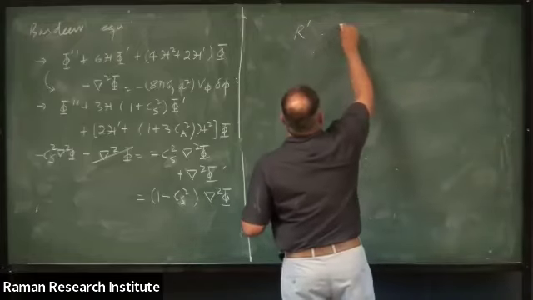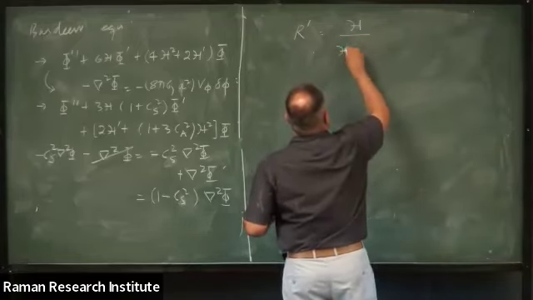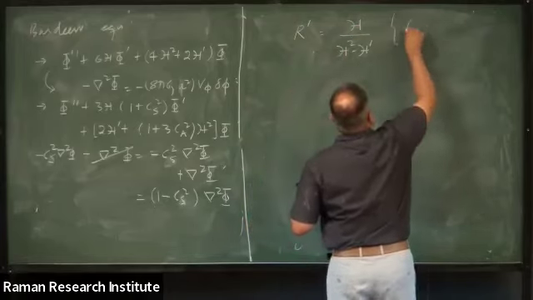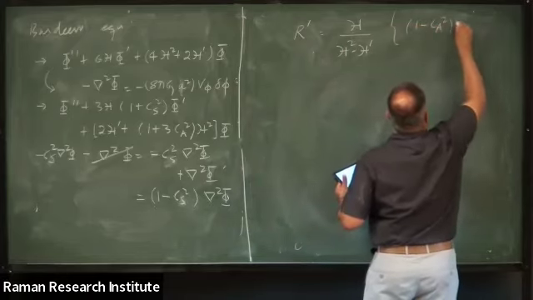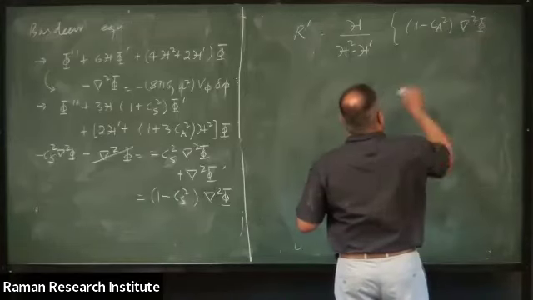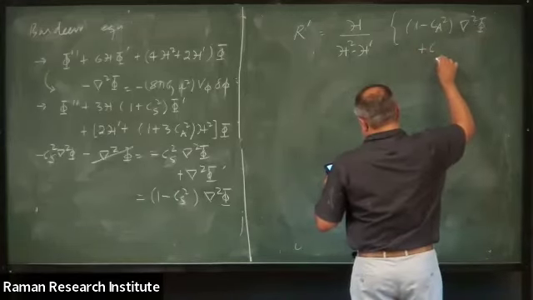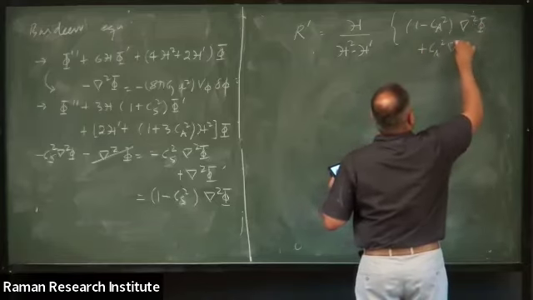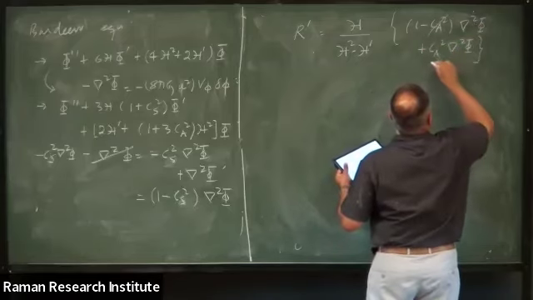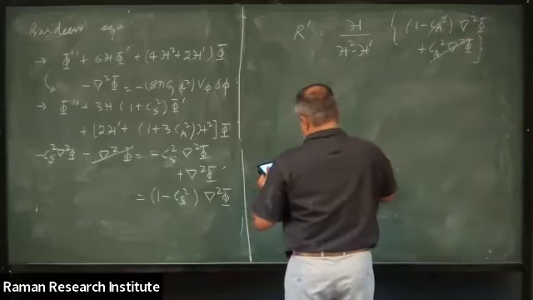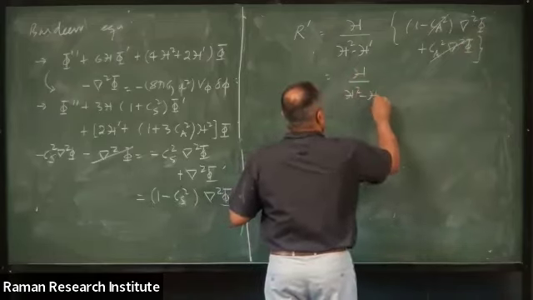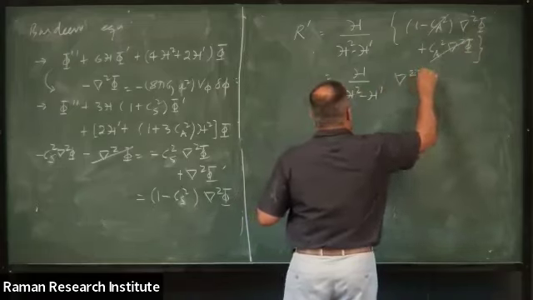R prime equal to script h divided by script h squared minus h prime, into 1 minus c_a squared nabla squared phi, plus c_a squared nabla squared phi, right? Evidently, this cancels, leaving behind this term equal to script h by script h squared minus h prime nabla squared phi. That's what you have.